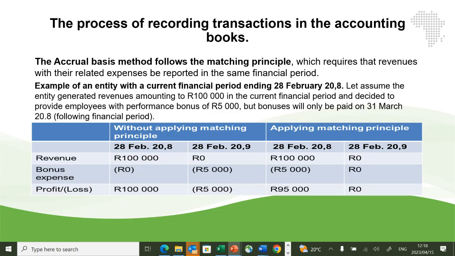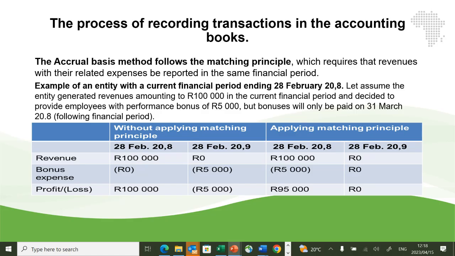If you look below, I will make an example of an entity with a financial period ending 28 February 20.8. Let's assume the entity generated revenues amounting to 100,000 in the current financial period and decided to provide employees with a performance bonus of 5,000 rand, but the bonuses will only be paid on 31st March 20.8.